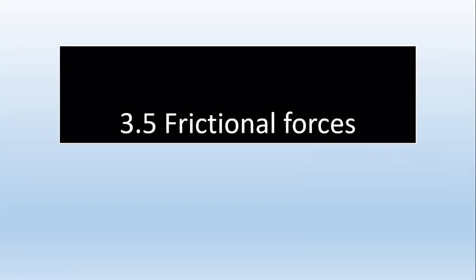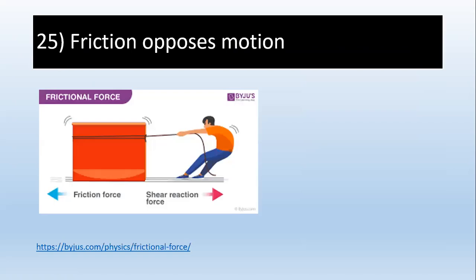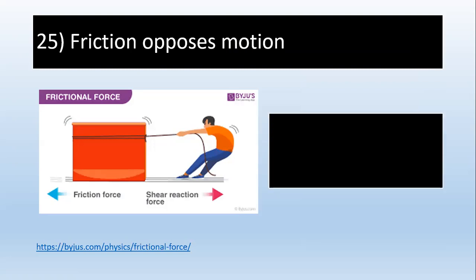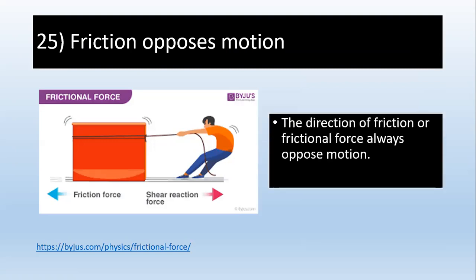Okay, let's go to the new subtopic 3.5, frictional forces. Always remember friction, or frictional force, opposes motion. The direction of the frictional force always opposes motion. So you must see where the motion is. You are pulling it to the right, so the friction force is to the left.